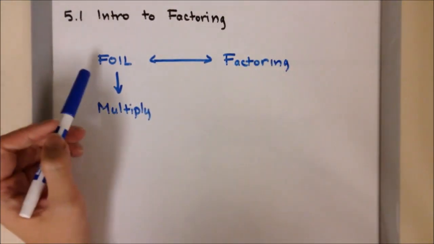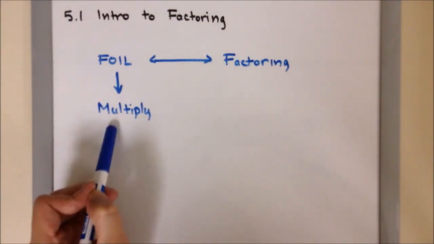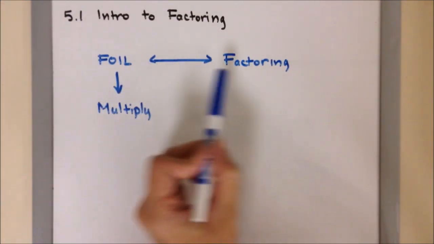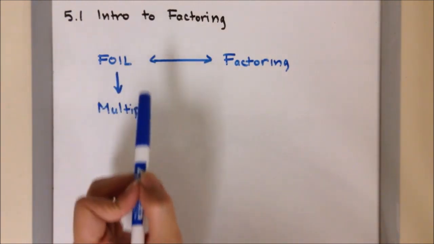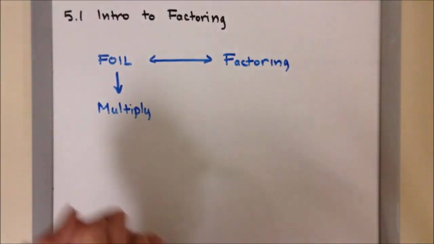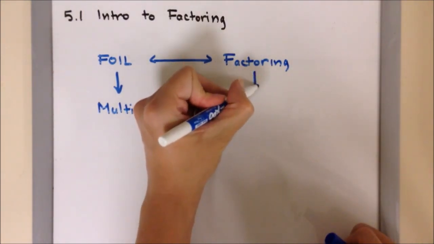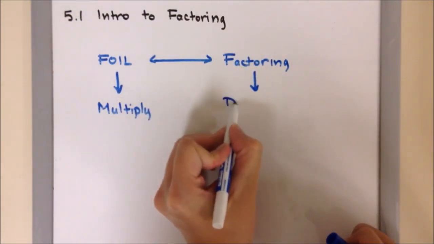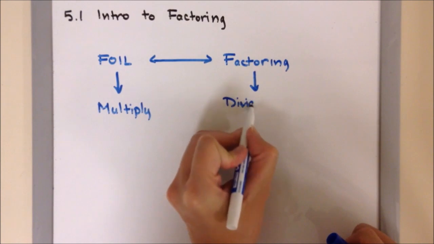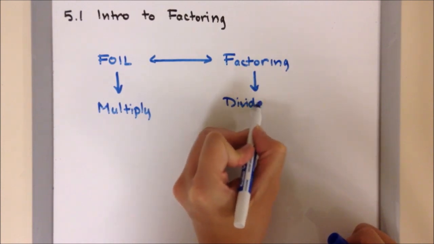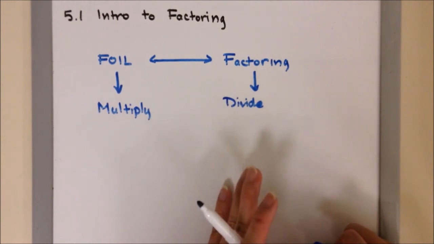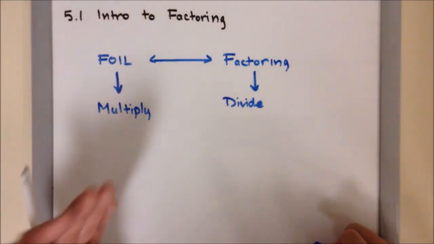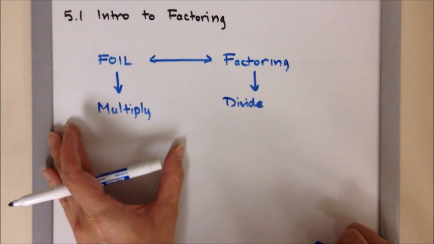So if the operation for foiling is multiplying, and we established that factoring is the opposite of FOIL, then I'm going to be doing the opposite of multiplying. In this case, we're going to be dividing, or just divide. Basically we're going to undo FOIL.